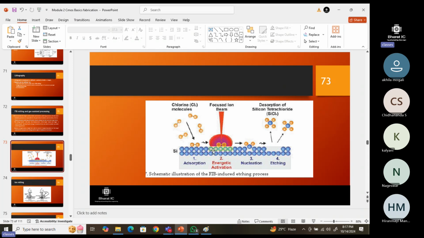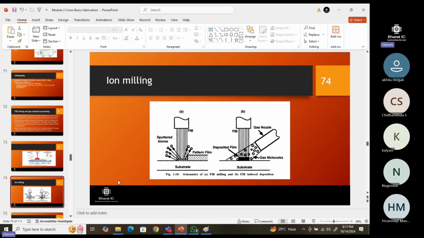After the reaction, the Si atoms are getting displaced when the FIB is falling, and it is generating silicon tetrachloride, SiCl4. This is the whole process of how the ion beam works. Okay. Now next comes the same thing. Again, the same thing is happening here. Okay, the same thing, ion milling, how the same thing happens on the substrate.